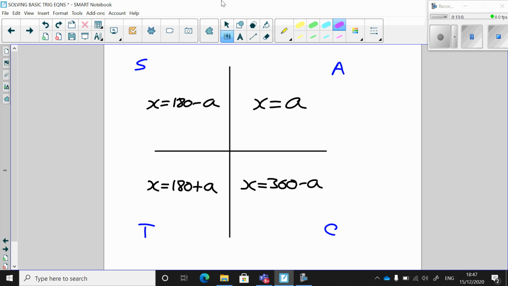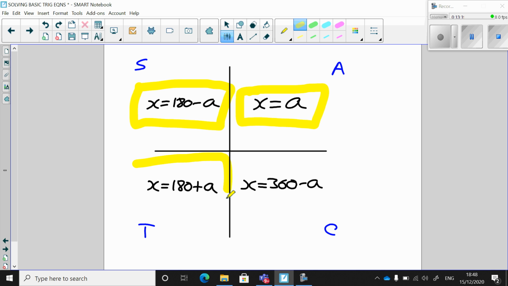What I've done here is put in some formulas that are going to help us solve equations. In the first quadrant, x equals A. In the second quadrant, 180 minus A. Third quadrant, 180 plus A. And finally, 360 minus A. This is just a little build up.